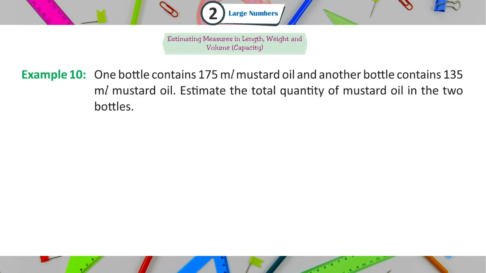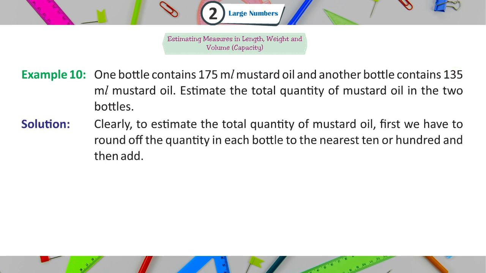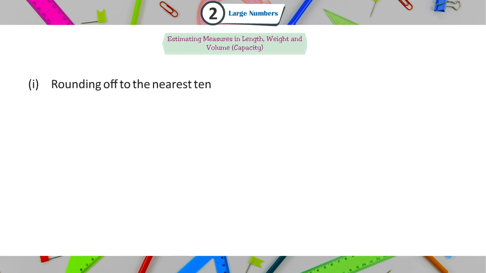Example 10. One bottle contains 175 milliliters mustard oil and another bottle contains 135 milliliters mustard oil. Estimate the total quantity of mustard oil in the two bottles. Solution. Clearly, to estimate the total quantity of mustard oil, first we have to round off the quantity in each bottle to the nearest 10 or 100 and add them. 1.